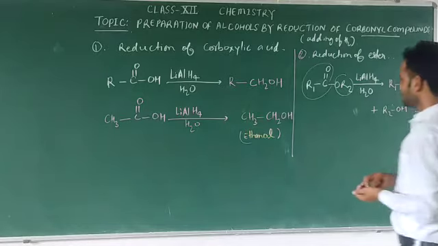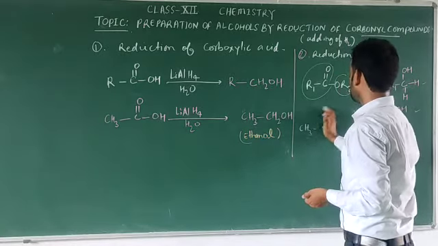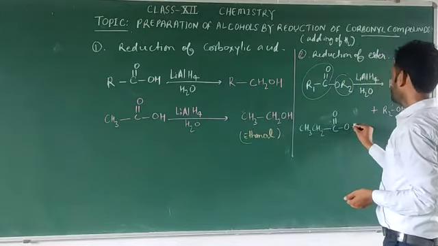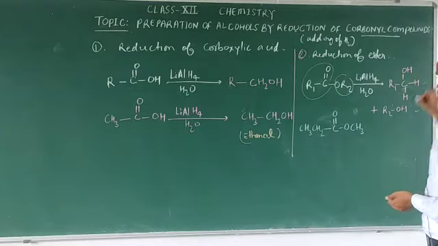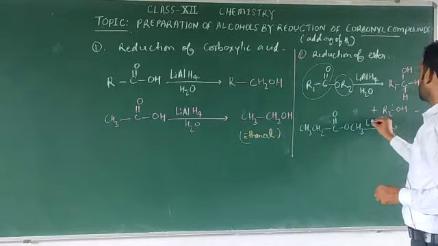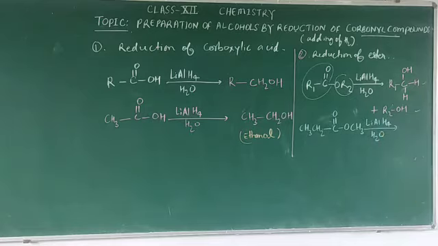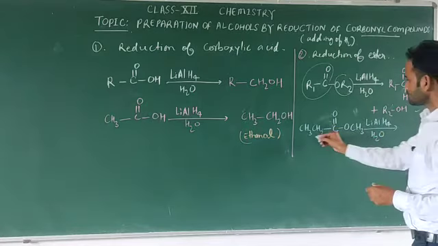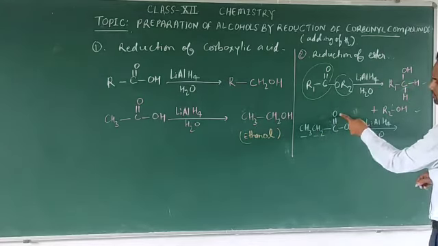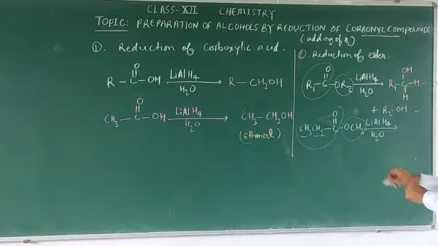For example, we can write, let us say CH3 CH2 C double bond O and then CH3. Okay, now lithium aluminum hydride and then what? So what will we get here? CH3 CH2, after breaking this double bond and adding one hydrogen here and two hydrogens here, we will get one compound from this and another compound from this.